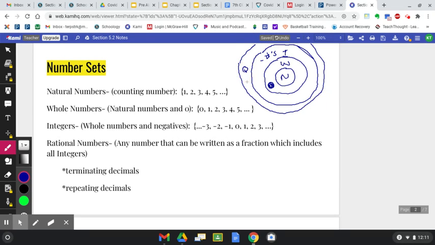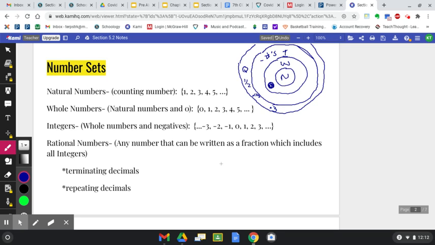And the letter used for that is Q. And that's where we add fractions and terminating decimals, right? And repeating decimals in there. So something that starts here as a natural number is also considered a whole number, is also considered an integer. It's also considered rational. Okay.